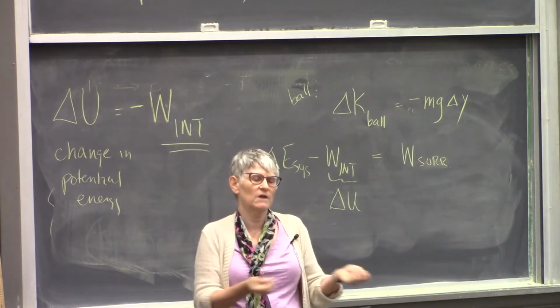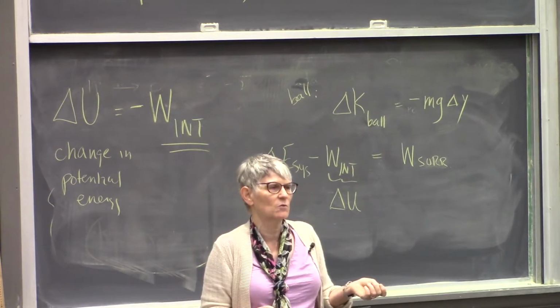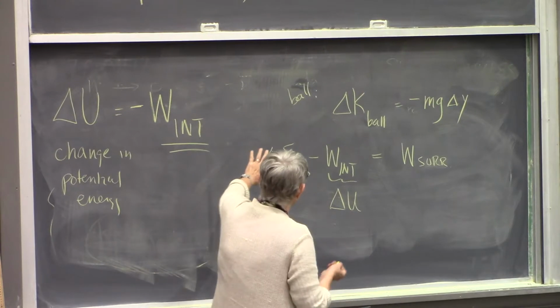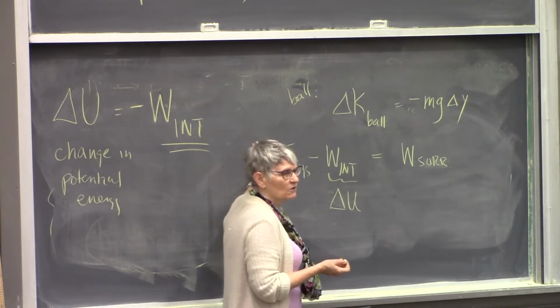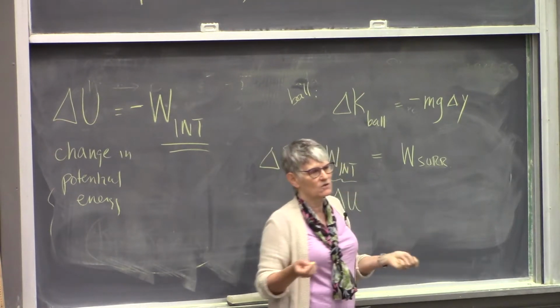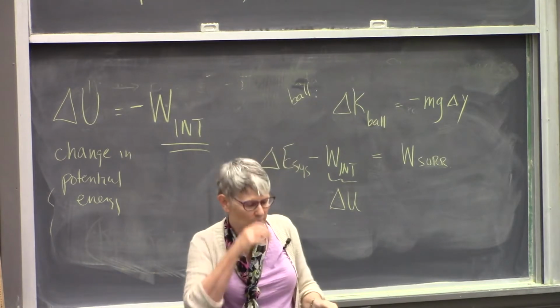So we're basically putting everything in this form of the energy principle. We're putting everything related to the system on the left-hand side and everything due to the surroundings on the right-hand side.